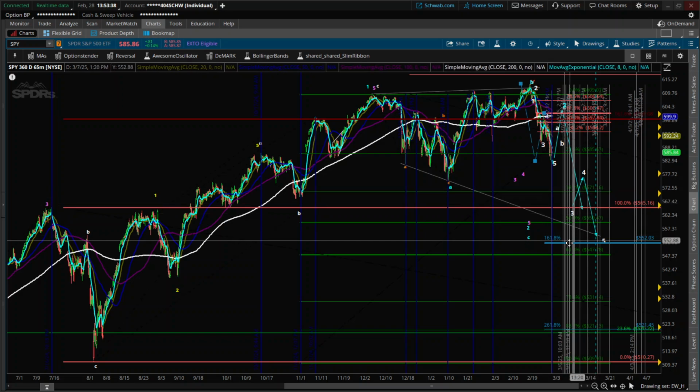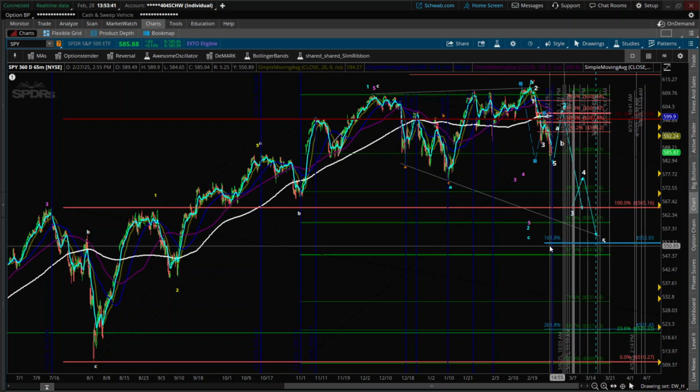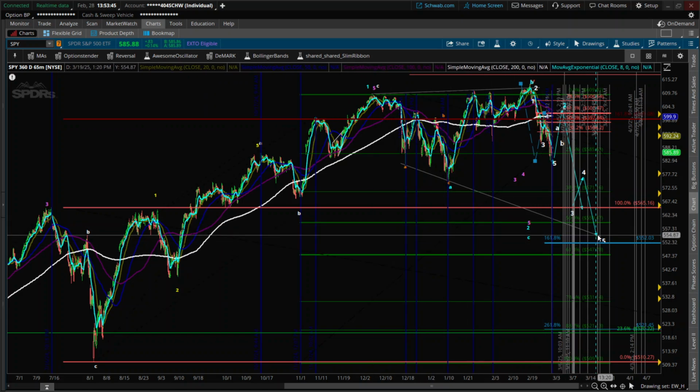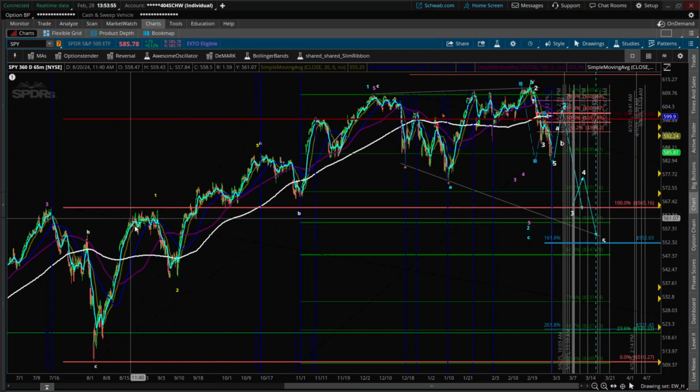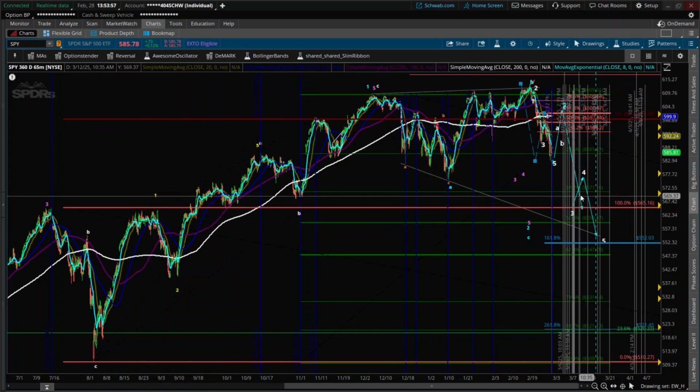So we'll be looking for our wave 3 to actually be lower, maybe a spike through here, unless price goes up higher. We're looking for about 552. Now that's lower than the actual zone that we got to. So, hey, I don't doubt that at all.